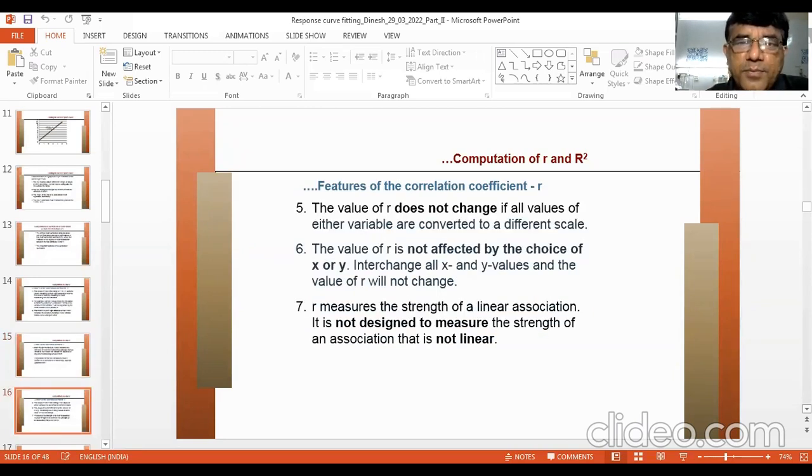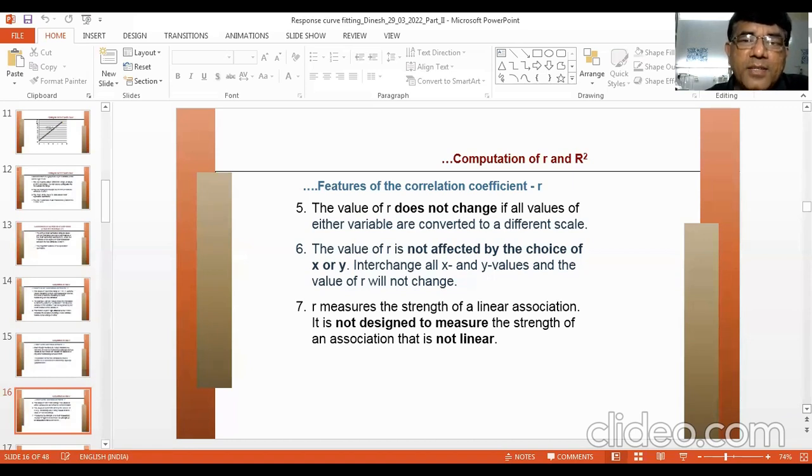Some more features of the correlation coefficient. The value of R does not change if all values of either variable are converted to a different scale. The value will not change because it is unitless. There are no units of the correlation coefficient.